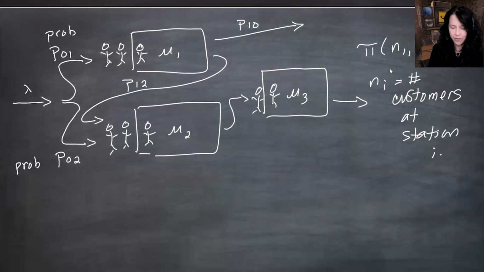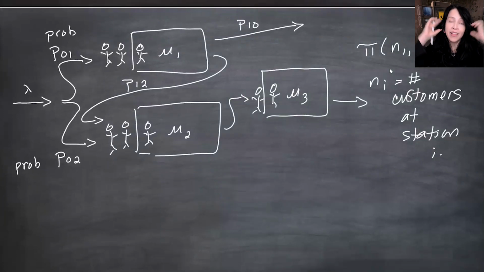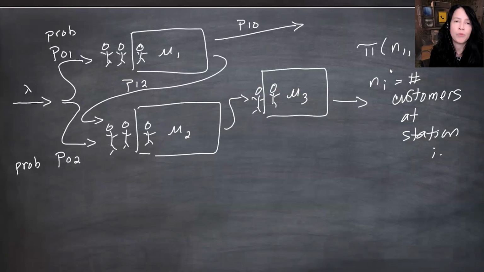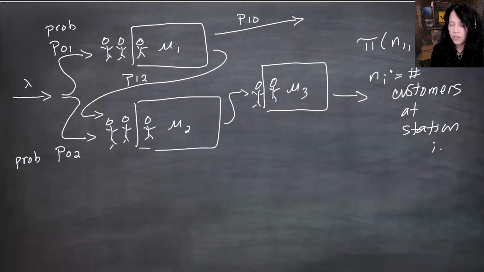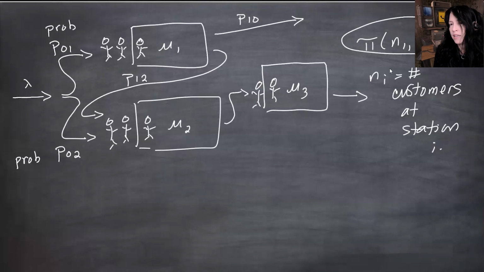So we have something known as Jackson's theorem to give the stationary distribution for this. Jackson's theorem was originally derived using the Kolmogorov forward or backward equations. I don't know which one, but they used the Kolmogorov differential equations. So I'm going to just state it. I think it's hard to derive because of the dimension of pi.